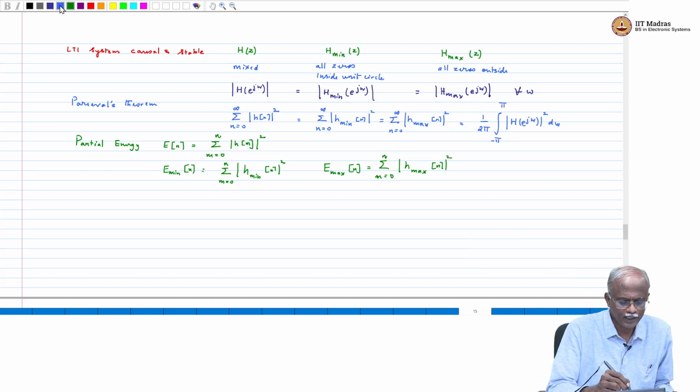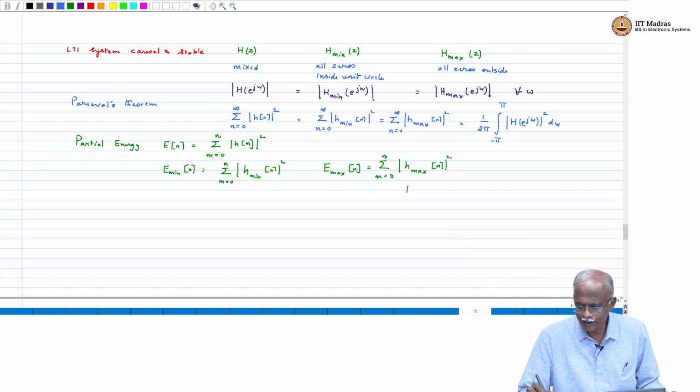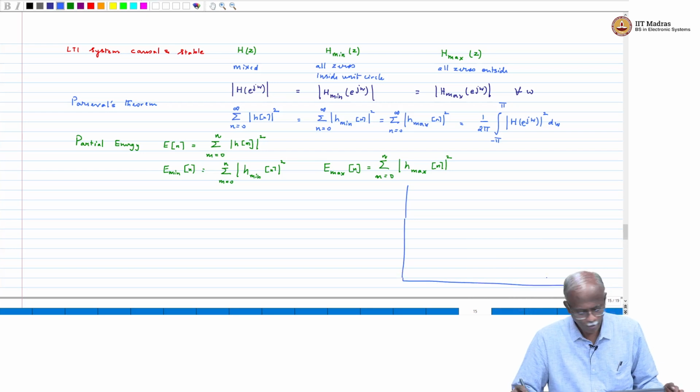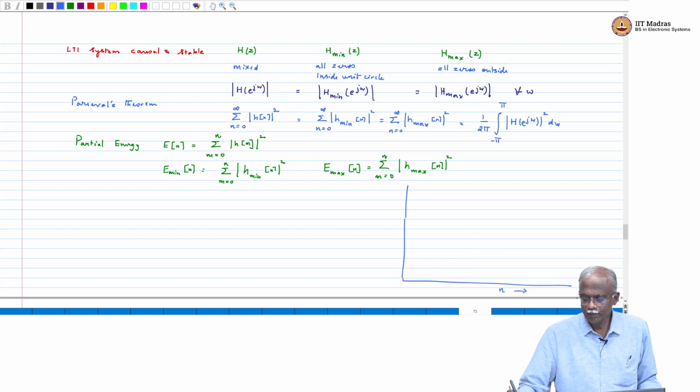One very important thing: we're going to sketch the partial energies as a function of n. Remember, as n goes to infinity, all of them must converge to the same sum. Total energy is the same for all three of them.